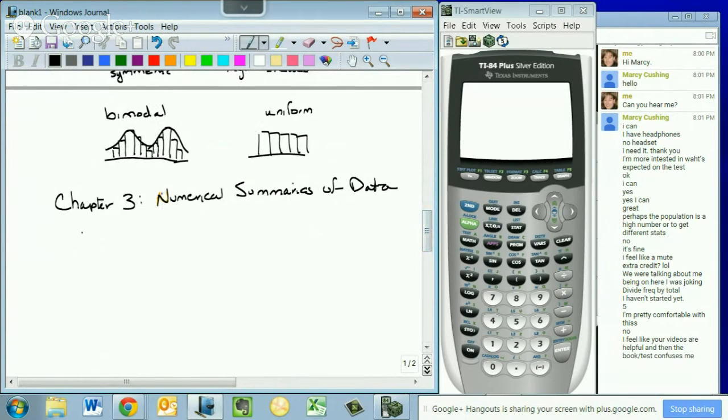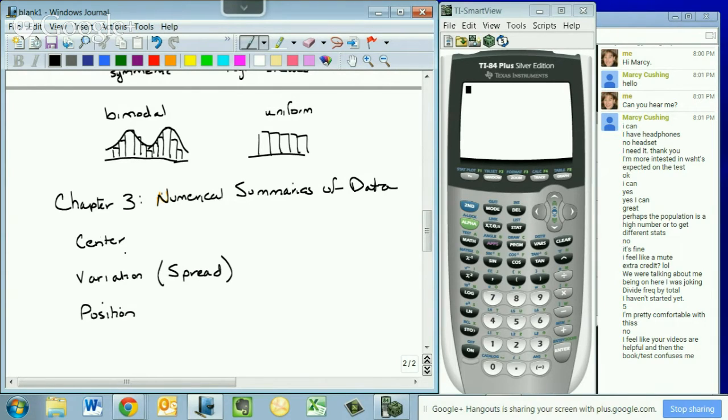So the characteristics of a data set that we're going to be interested in are center, variation, or variability, also called spread, and then position.